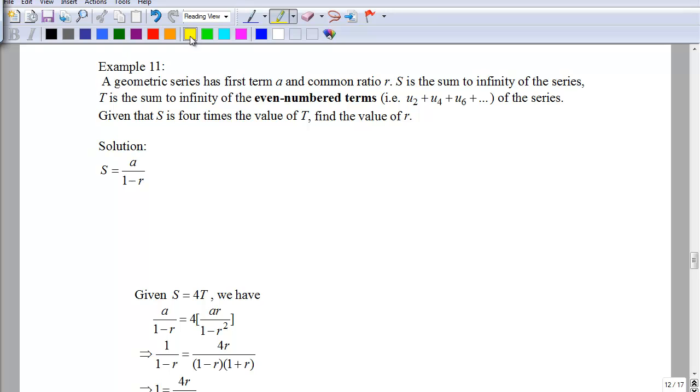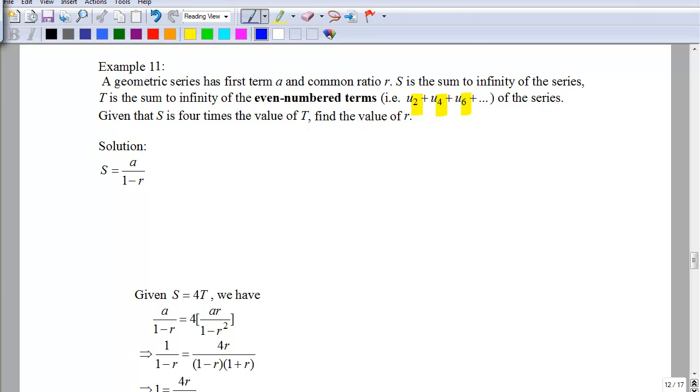In particular, you can take note, as indicated in the question, that the suffixes that represent the position of the terms are all even numbers, as highlighted here.